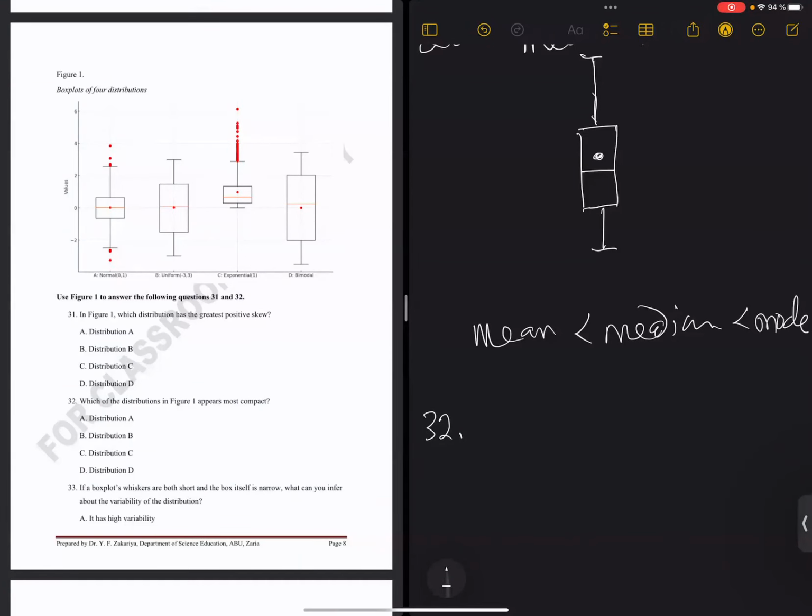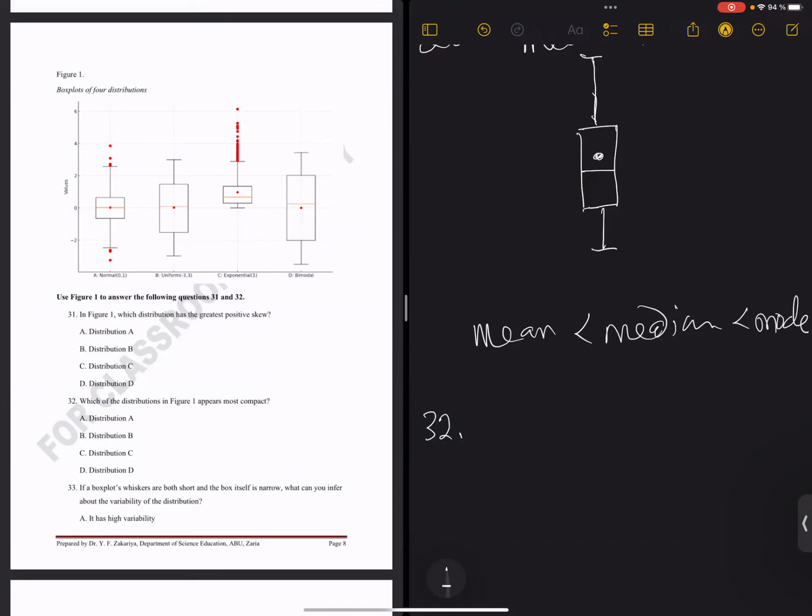I hope you remember compactness. It has an interquartile range and quite a number of the values concentrate around that area. So which of the distributions is correct? Distribution A, B, C, or D?